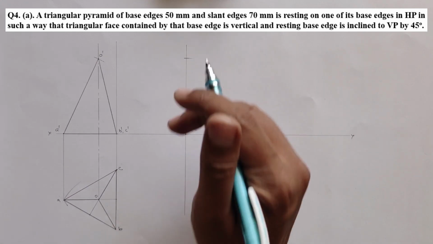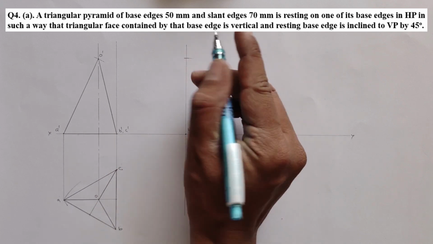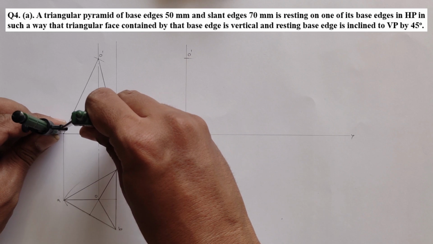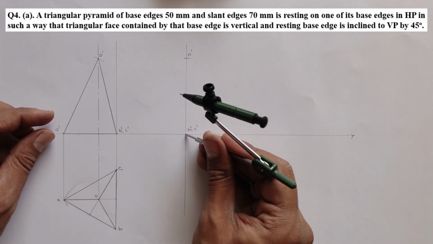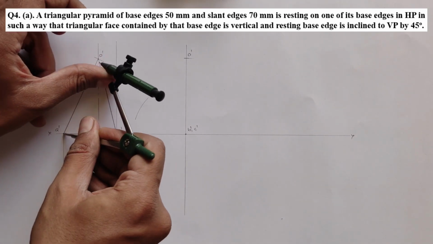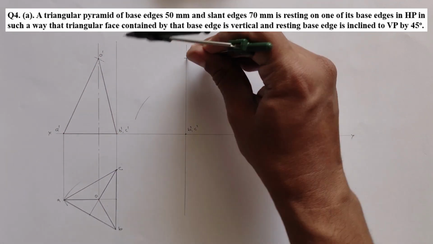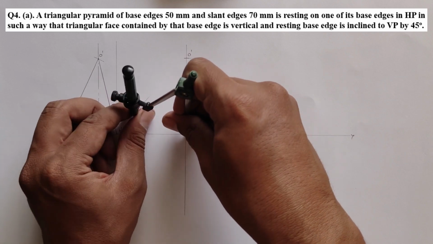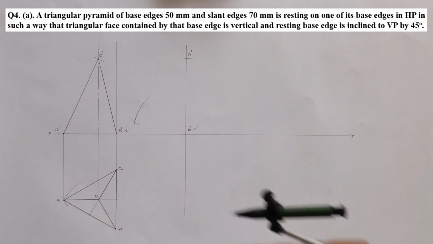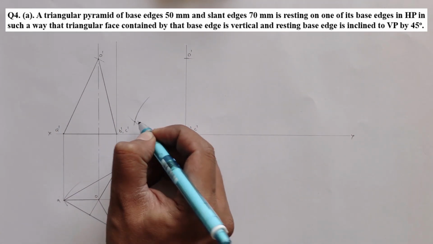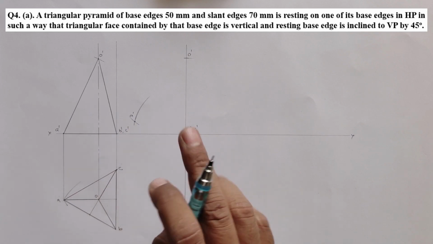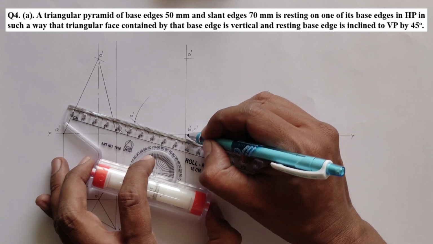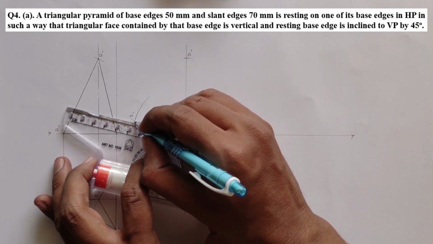Now the total triangular face BOC is vertical. Using the arc method, complete the remaining diagram. So this is the point A dash. I have not changed the names because the dimension is not changed here. It is the same, we just have to redraw it.